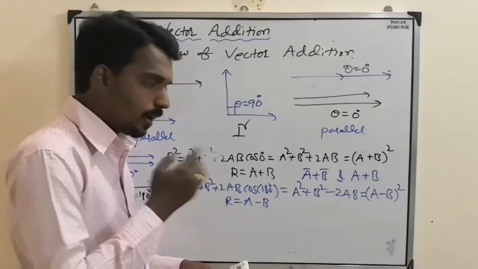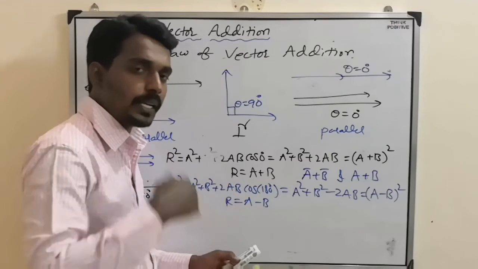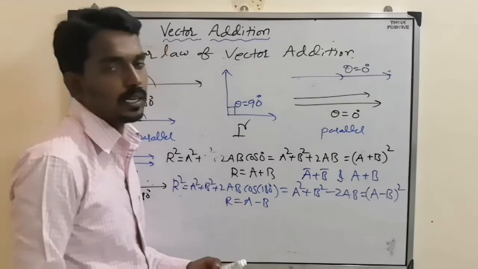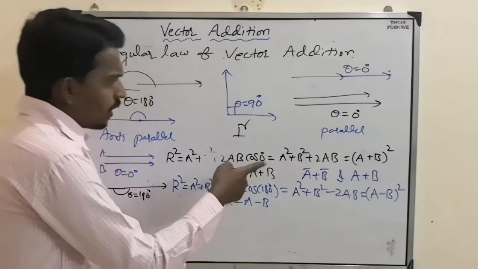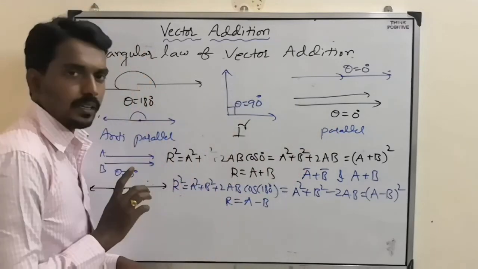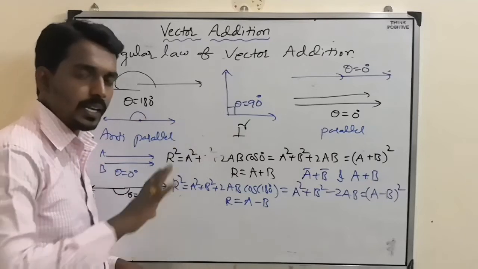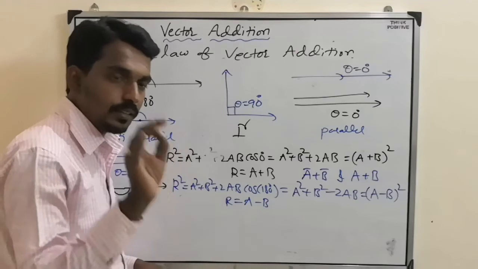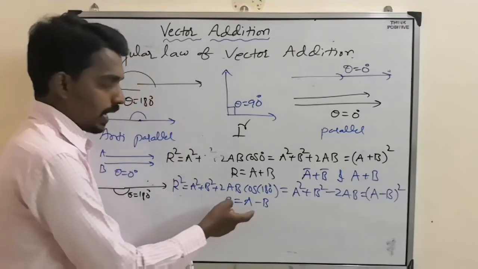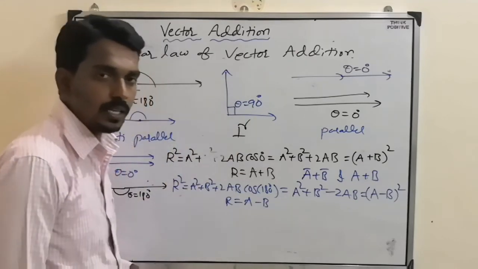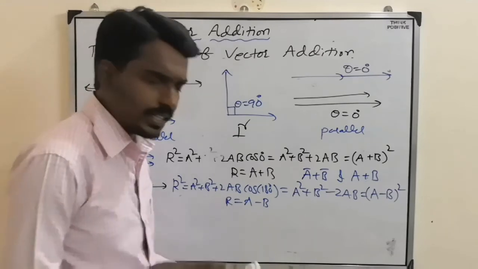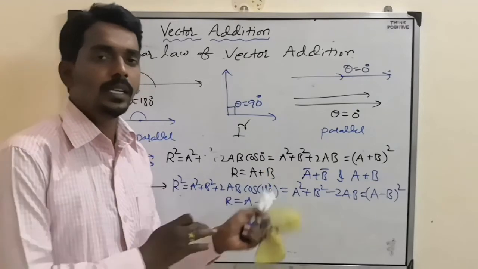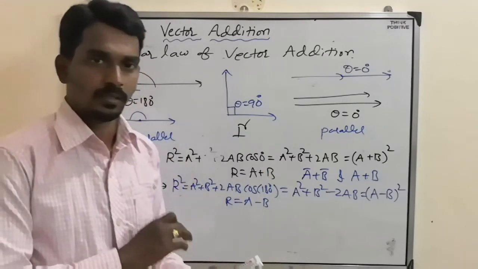The resultant may be 10 minus 10, it may be 10 plus 10, it may be anything between 0 and 20 also. Here we have seen only 0 and 180. Other than 0 and 180, you take 30, 45, 60, 120, then the resultant lies between A minus B and A plus B. That's why the resultant of two vectors always depends upon the angle between the two vectors.